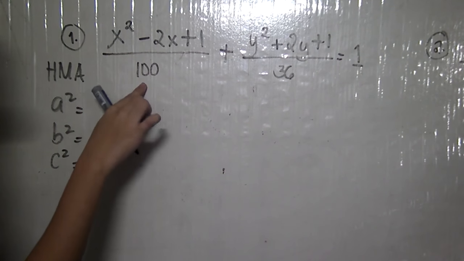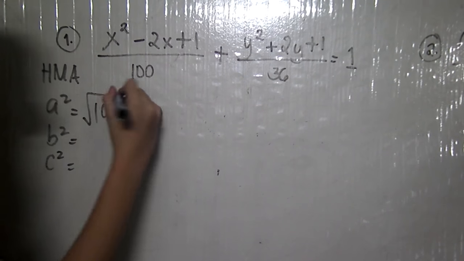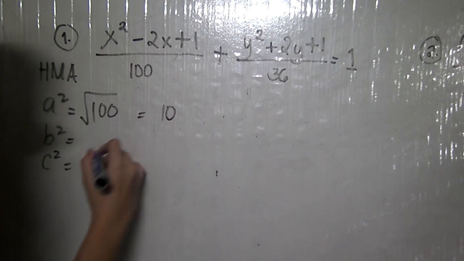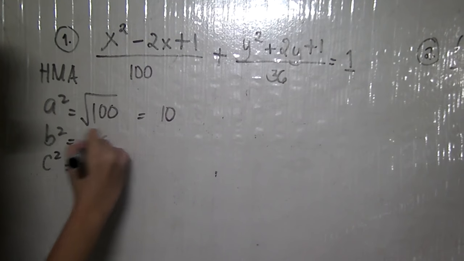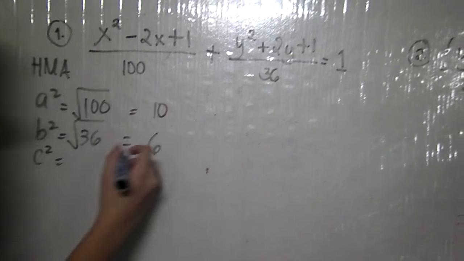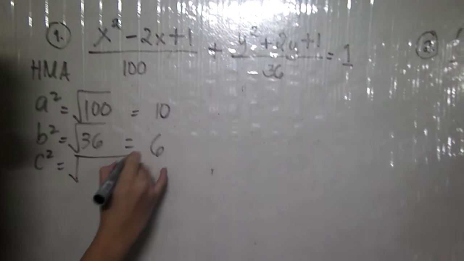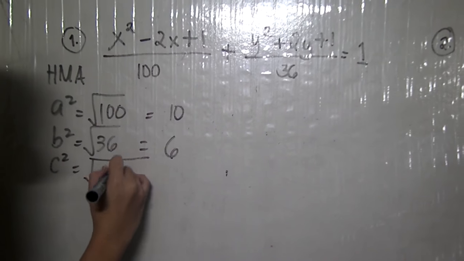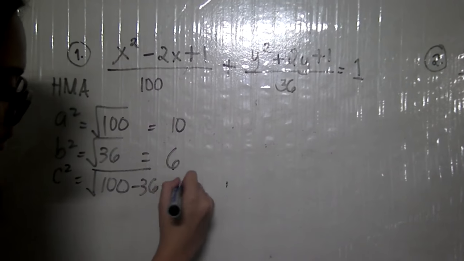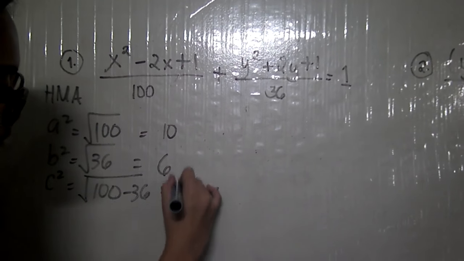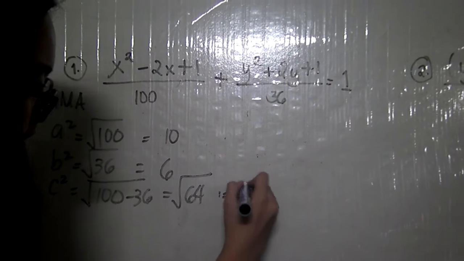The a squared is the big number, 100, so a is 10. Then b squared is 36, and the square root of 36 is 6. Then in order to find c squared, 100 minus 36 is equal to 64. The square root of 64 is equal to 8.